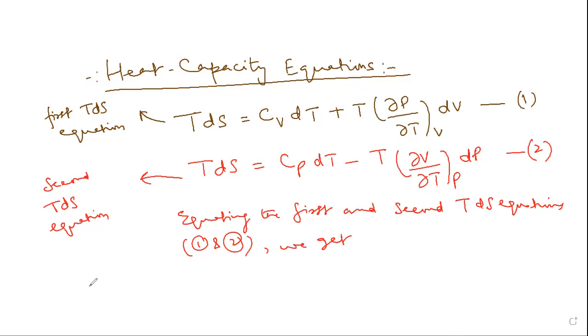So we get Cp dT minus T dou V by dou T at constant P dP.